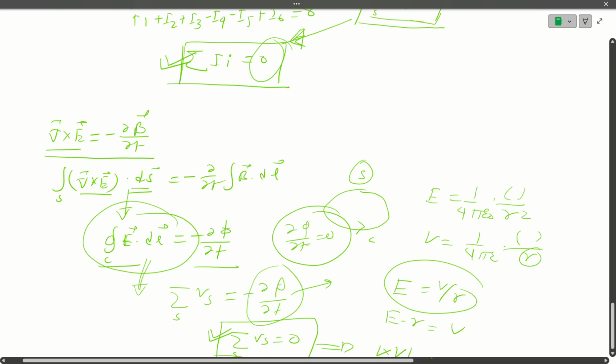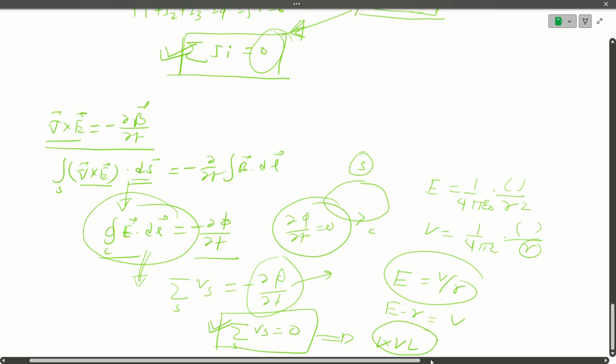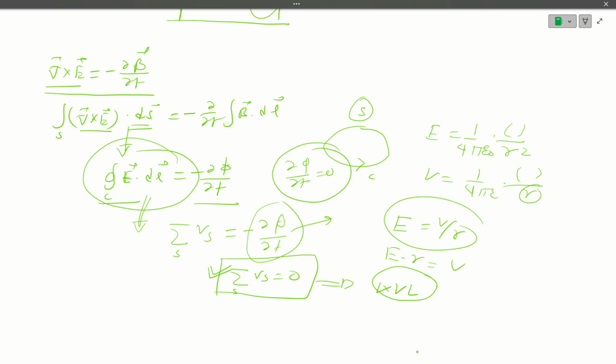So KVL indicates the conservation of energy, since d phi by dt is 0 here, it follows the conservation of energy.